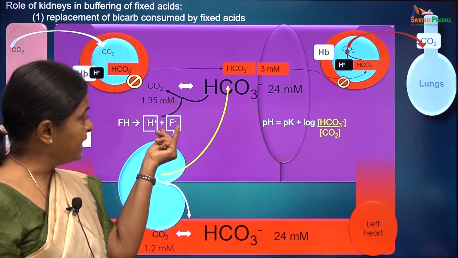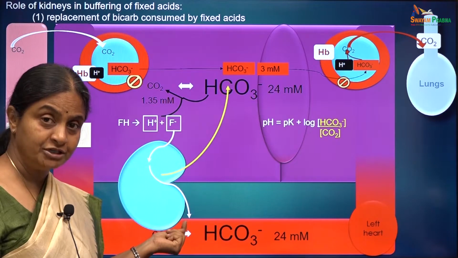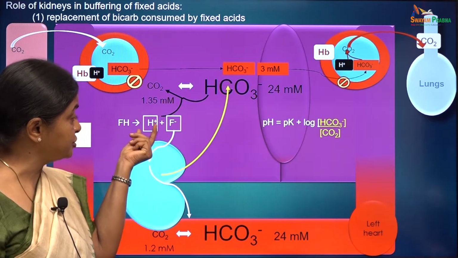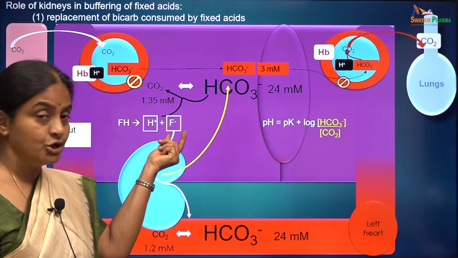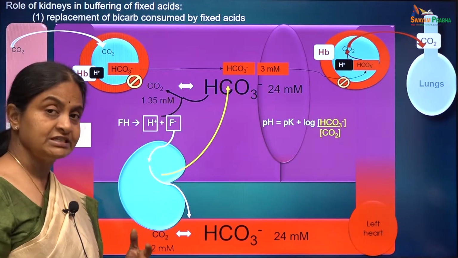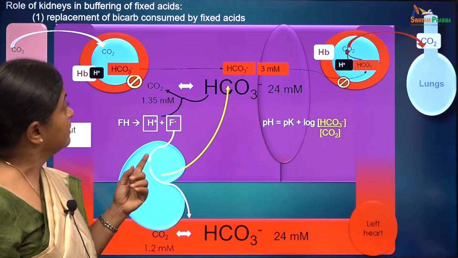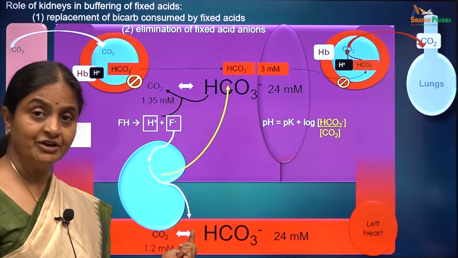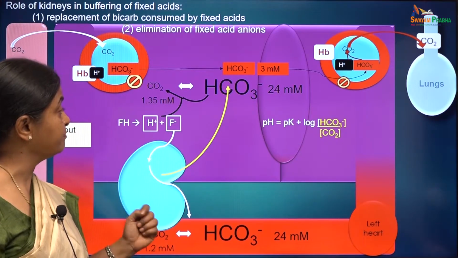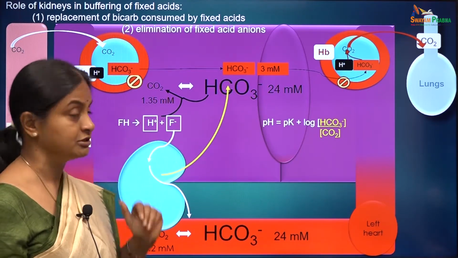Why would elimination of fixed acid anions be important for regulation of hydrogen ion concentration in plasma? This is not obvious now, but we will discuss this in a later lecture. Elimination of fixed acid anions is an important function of the kidney whereby it maintains the pH of blood or the free hydrogen ion concentration of blood.